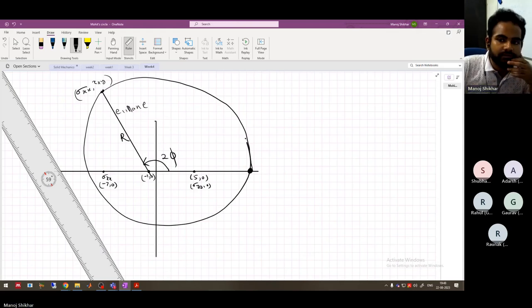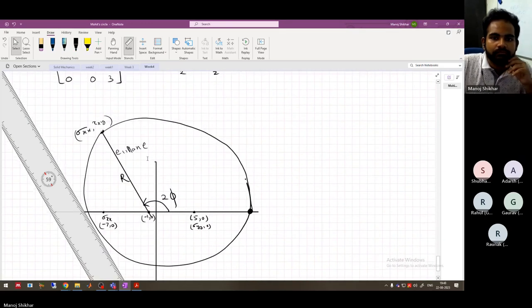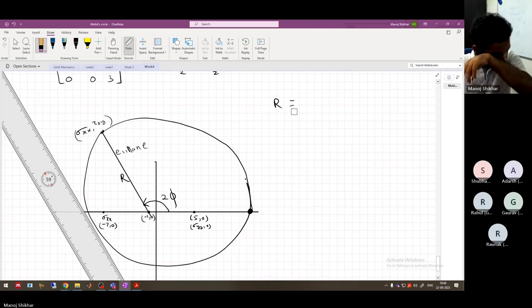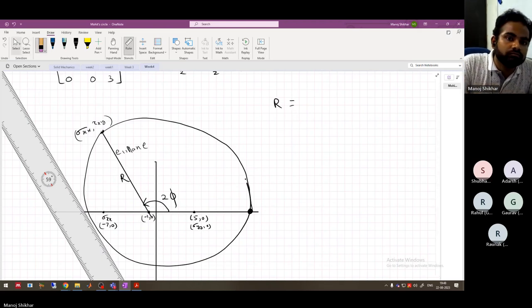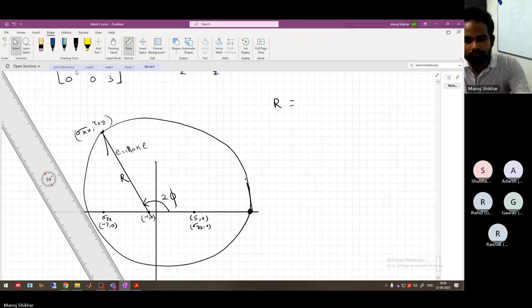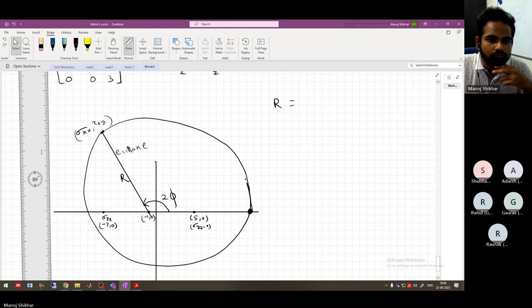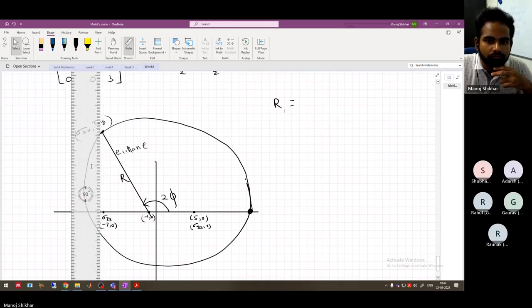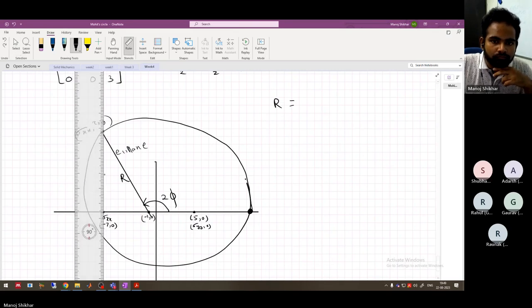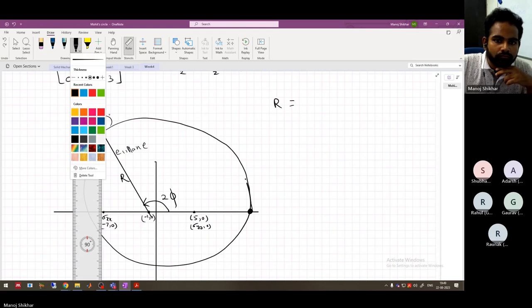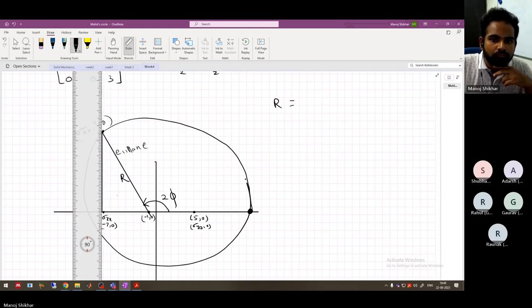Now we can find the radius, of course. So what is the radius?